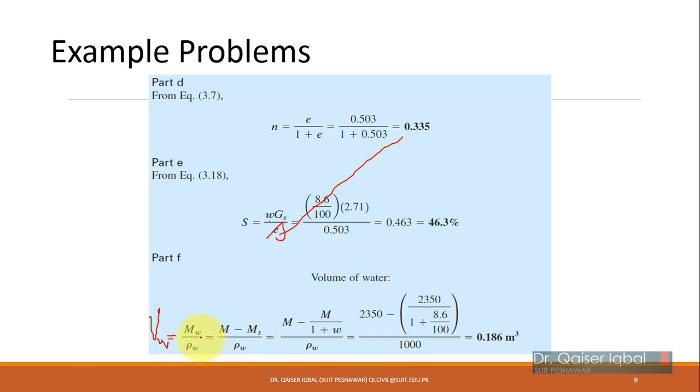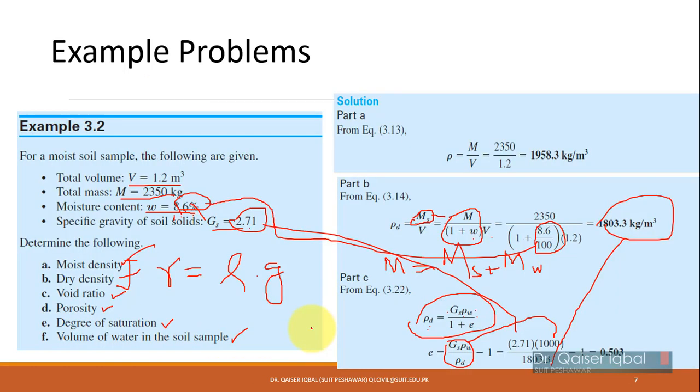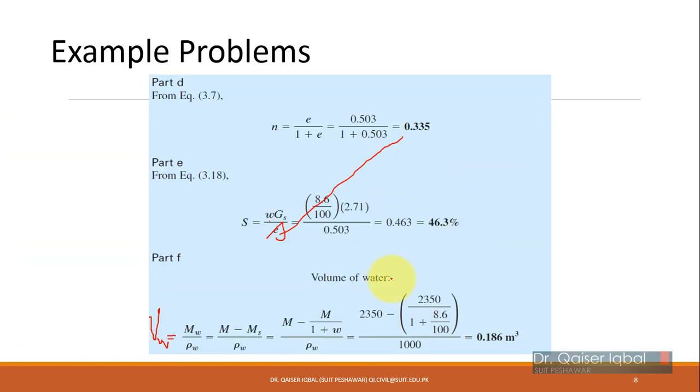Now the total weight of water is equal to total weight minus weight of solids. If we subtract the weight of solids from the total weight, we will get the weight of water in a given soil. Now we already derived previously that ms is equal to m divided by 1 plus w. So replacing ms with m divided by 1 plus w, where w is the moisture content and m is the total mass.